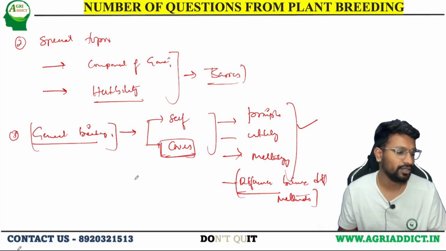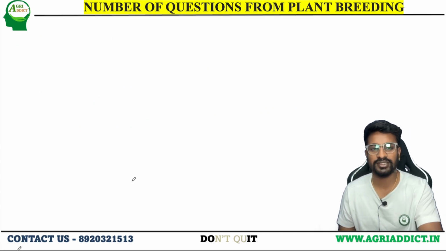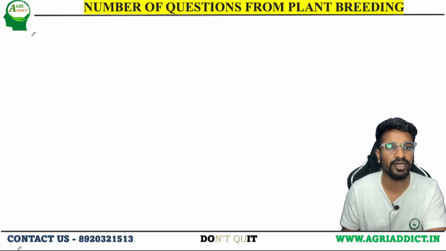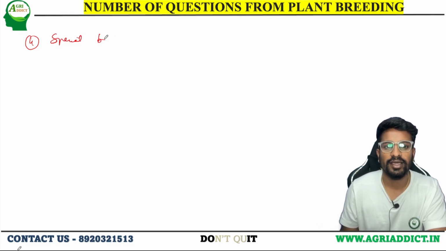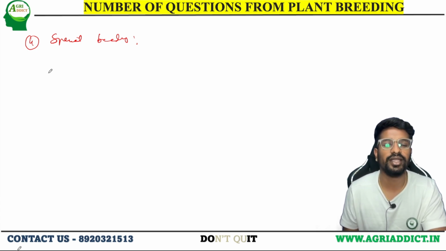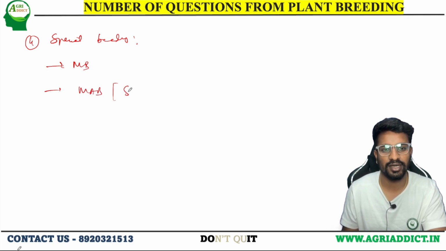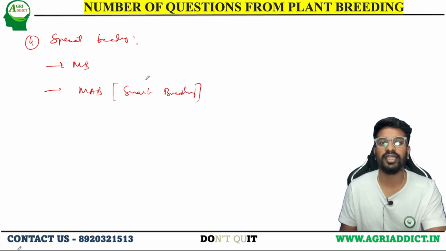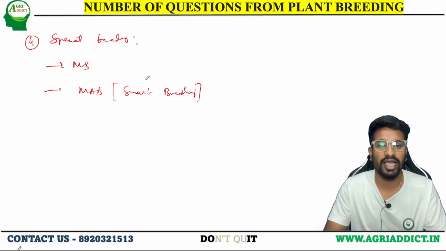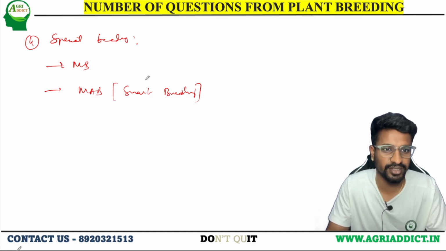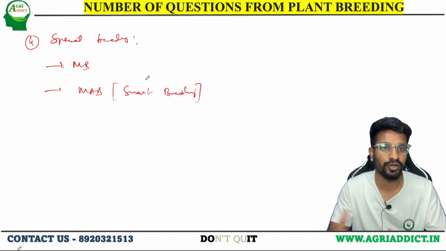After general breeding methods, which is the 3rd category, the 4th category is special breeding methods. These might be more advanced than what you learn in the general methods: you have mutational breeding and marker assisted breeding, which comes under smart breeding, a recently trending area where most plant breeding activity is based on marker assisted selection, since it saves a lot of time.